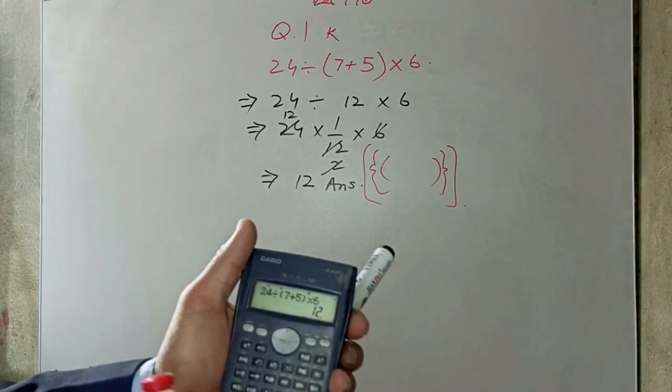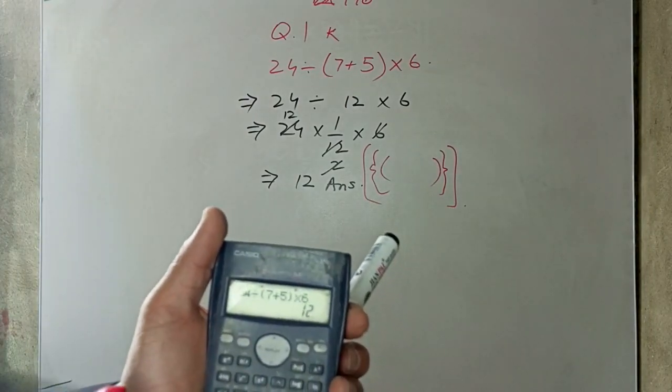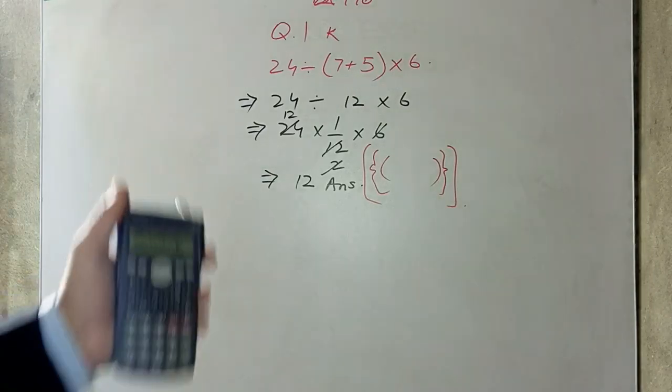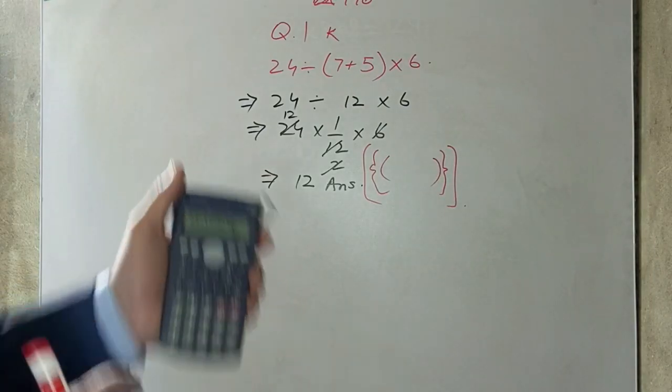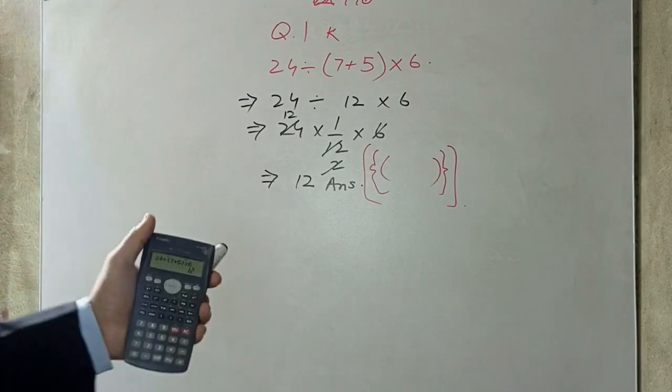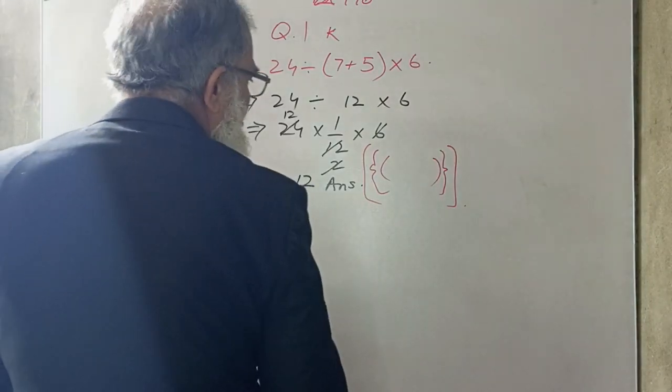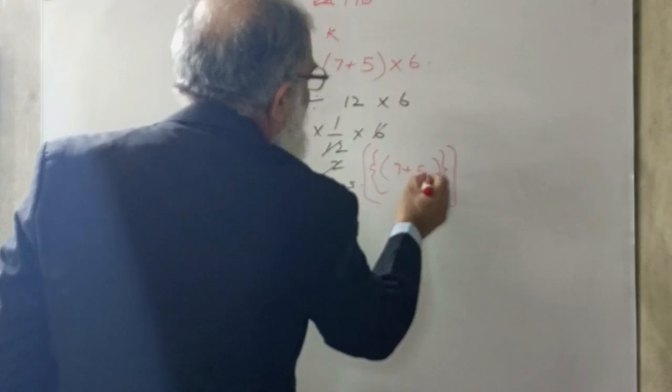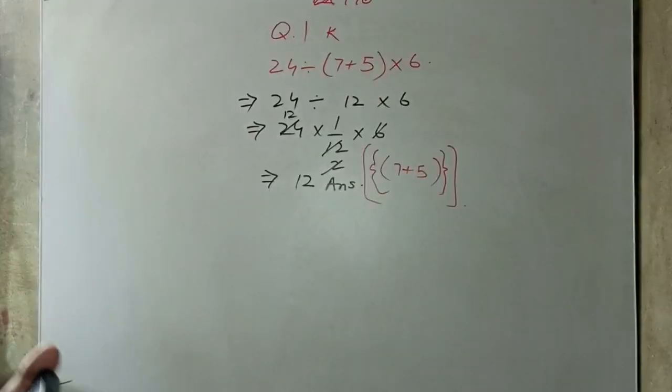You keep on pressing the parenthesis 3 times, and then you write whatever is given. For example, 7 plus 8 is written over here, 7 plus 5 is written over here, the same thing.